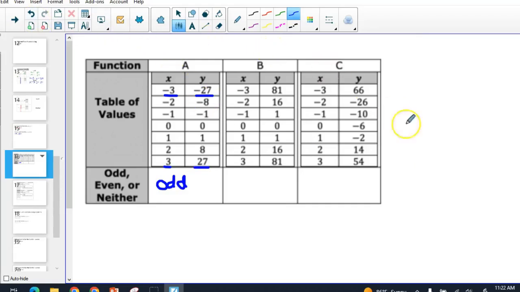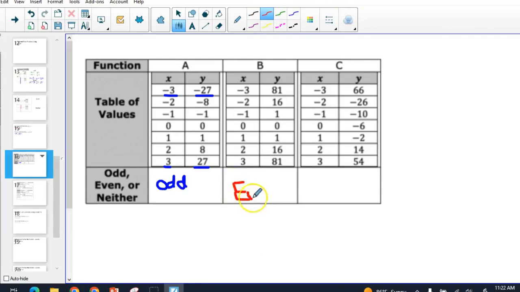Now, I want you guys to take a second, use the couple of rules we just learned to try to figure out whether or not table B, function B, is going to be an odd or an even function. Pause the video. Okay, so we should have found that function B is an even function.